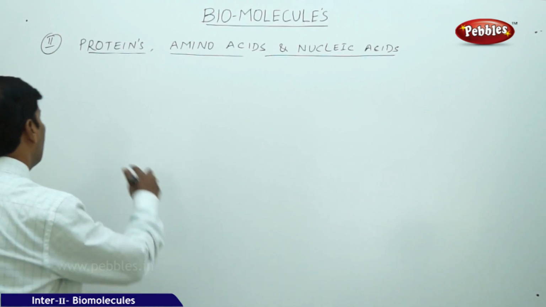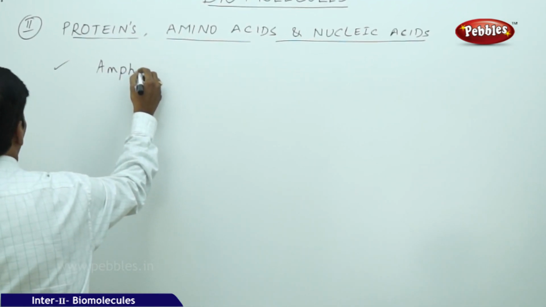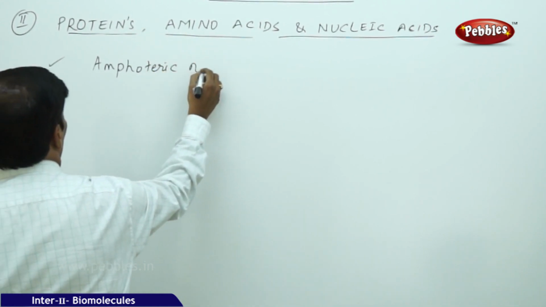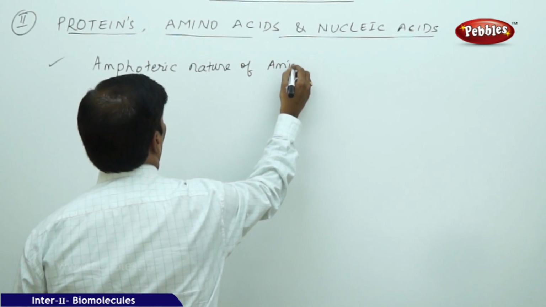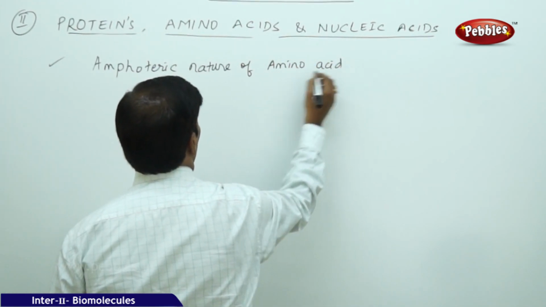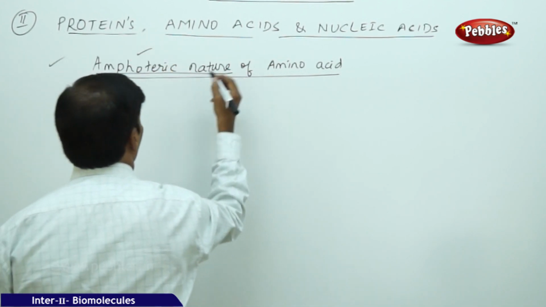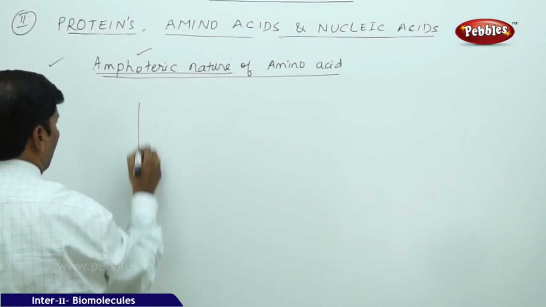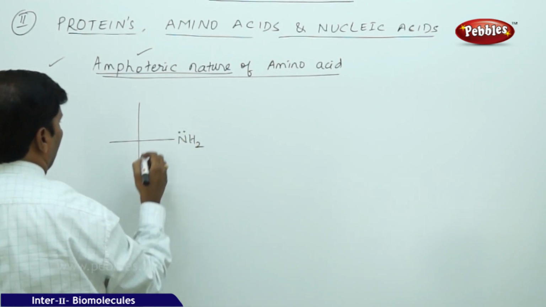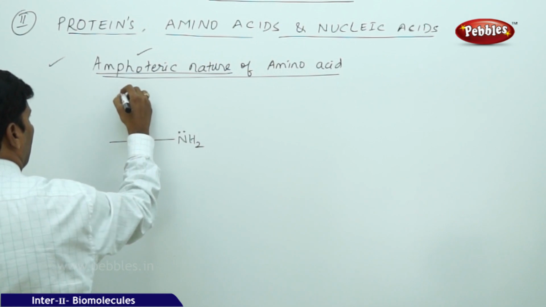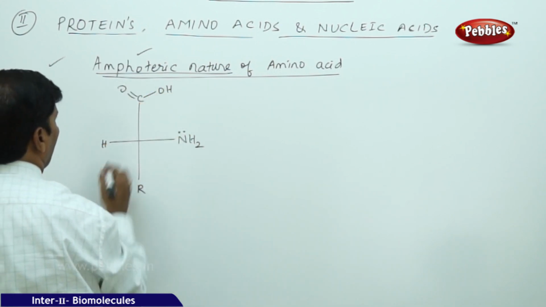The next part of the discussion of amino acids is the amphoteric nature of amino acids. We call the amino acid amphoteric because if you take the structure of an amino acid, it contains one basic site and it also contains one carboxyl group with an alkyl group.